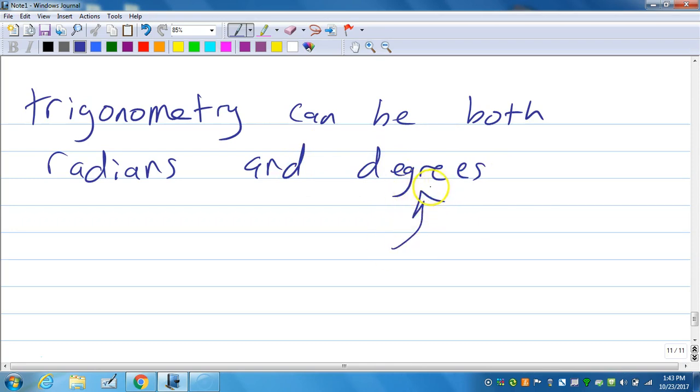We use degrees in geometry because it's simpler, since this class is not supposed to be that difficult in trigonometry. You get more in-depth trigonometry, especially in pre-cal. So for us, we're just going to make sure it's in degrees. The only problem is, make sure your calculator is in degrees.